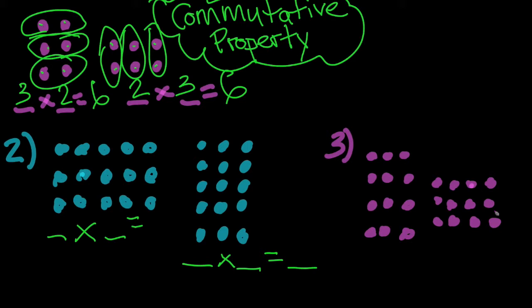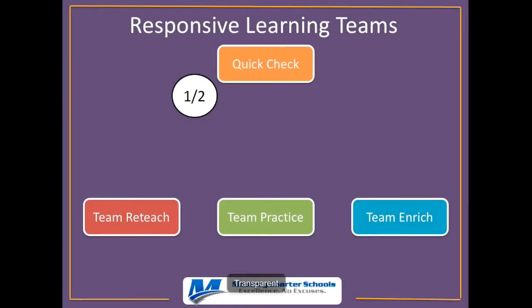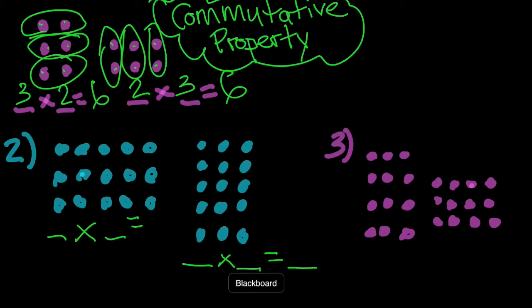All right, so now that you've worked on that, let's take a look and let's open up another Blackboard page. And now I'm going to give you the multiplication sentence, and I want you to show me the other multiplication sentence that goes with it and the two different arrays.